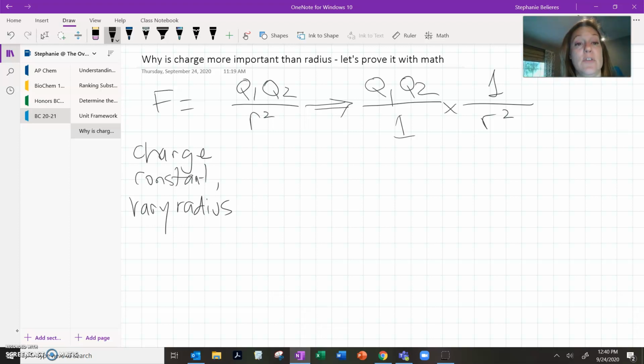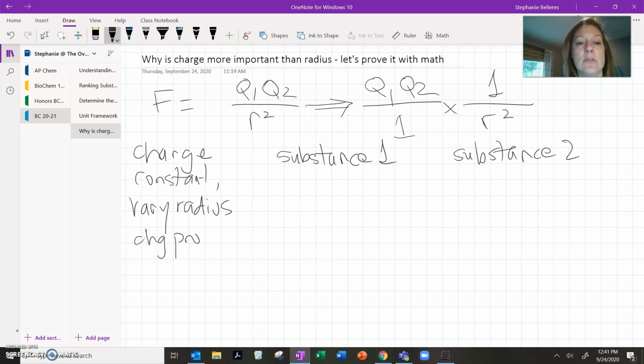I'm going to make up two substances here, substance 1 and substance 2. These are just two different ionically bonded substances. Let's say the charge product, Q1 Q2, is equal to 1, just to make the math easier.